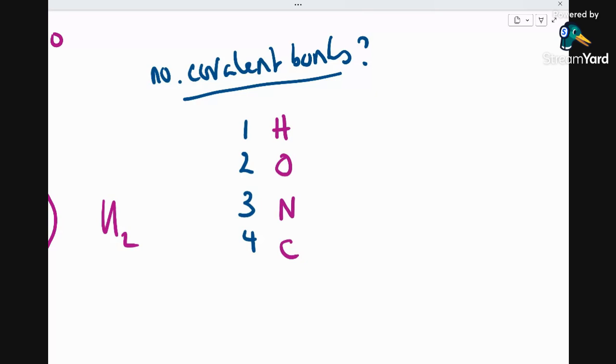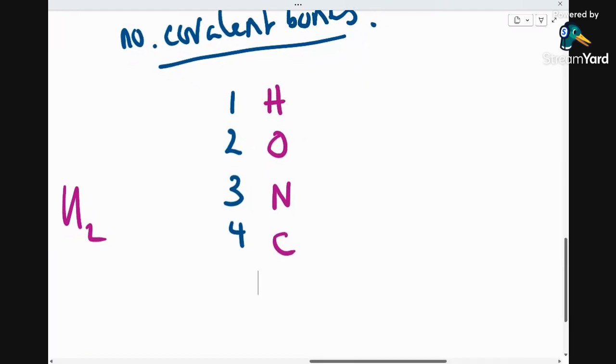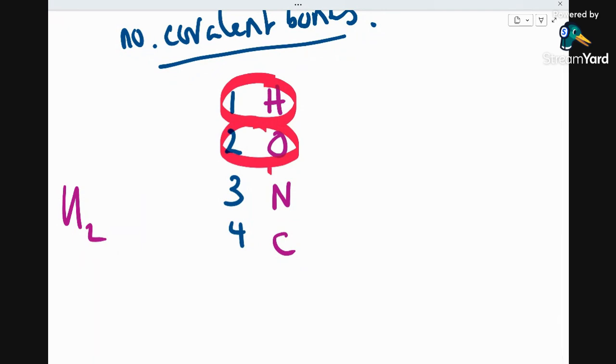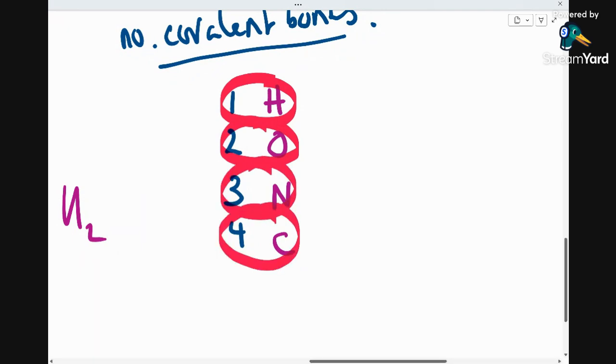And the idea here is that this tells you how many covalent bonds each of these atoms want to form. So hydrogen here wants to form 1, oxygen wants to form 2, nitrogen wants to form 3, carbon wants to form 4.